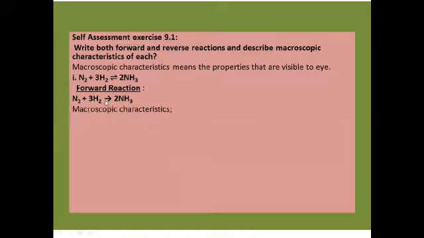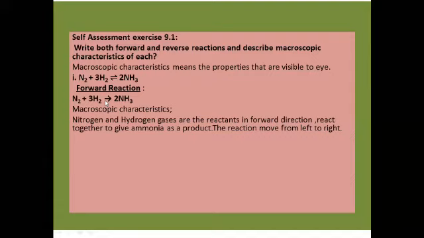Now let us discuss the macroscopic characteristics for this reaction. Nitrogen and hydrogen gases are the reactants in the forward direction. They react together to give ammonia as a product.